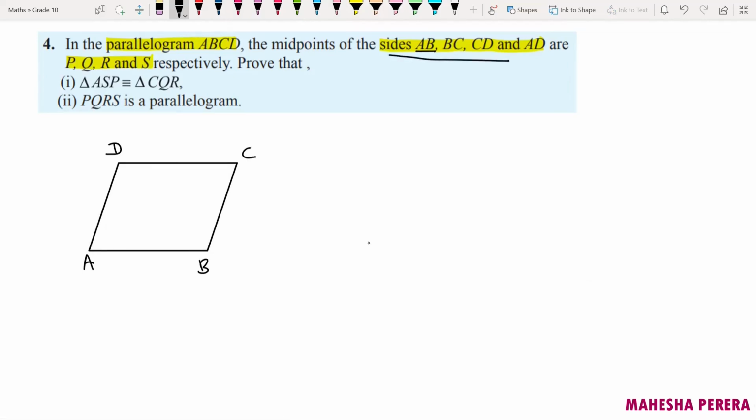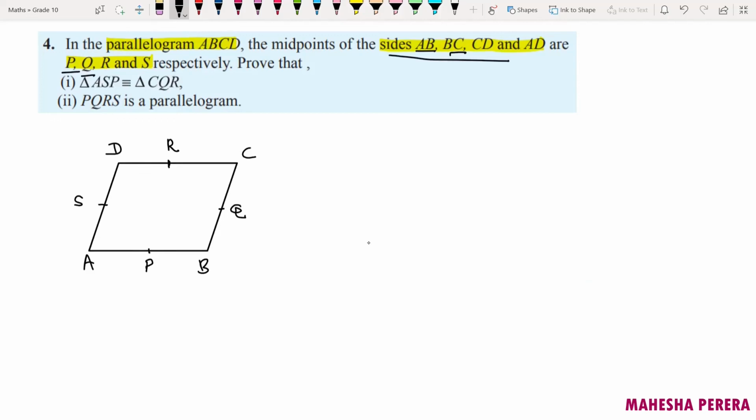AB, midpoint is P. Then BC midpoint is Q. Then R on CD side. And then S on AD side.